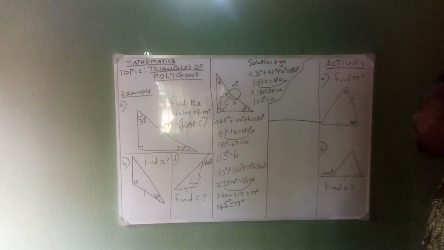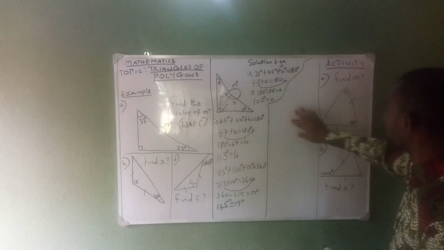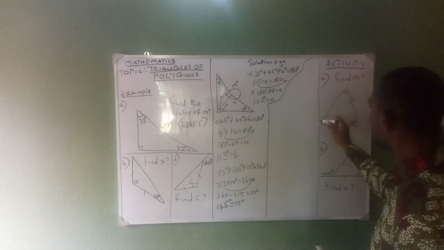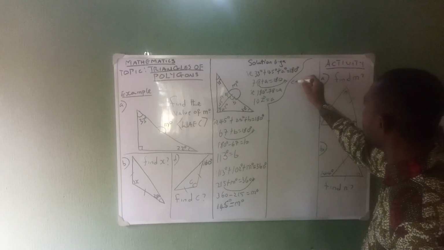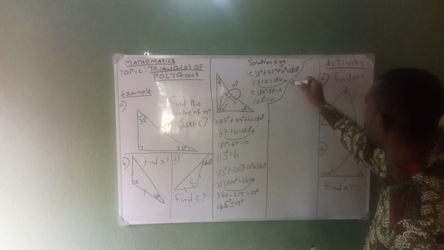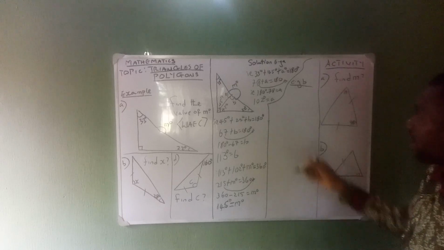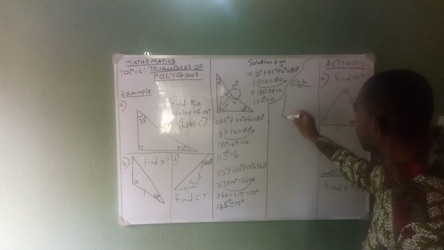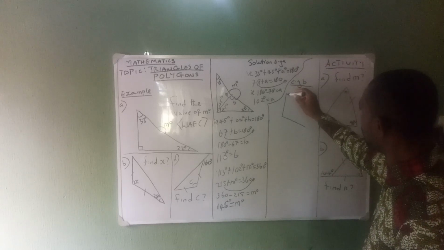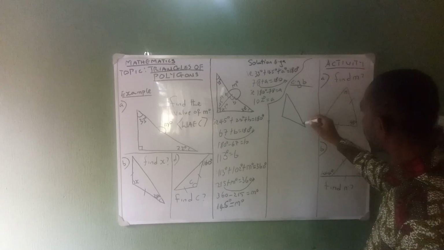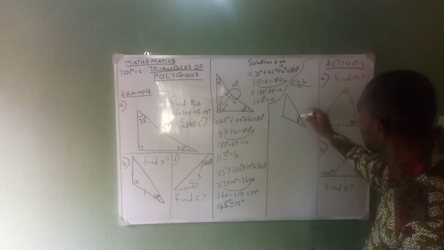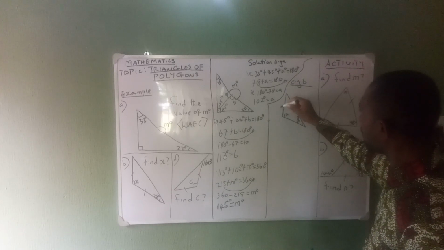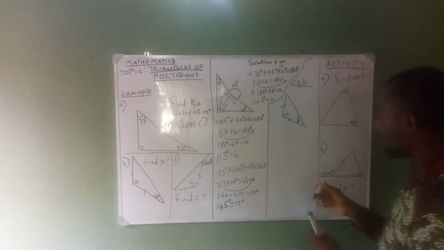Now to solve for the other triangle, which is example B, we have this triangle. We have the triangle where here is 28 degrees, and here is our x, and this angle is equal to this angle.